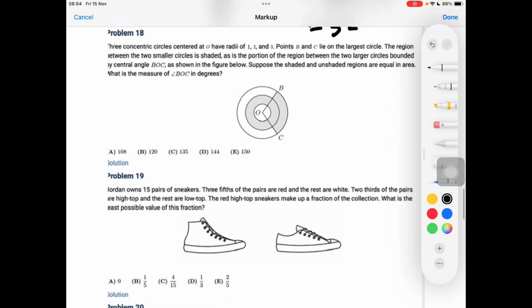Problem 18. 3 concentric circles are centered at O, 1, 2, 3. B and C. 2 smaller circles are shaded.